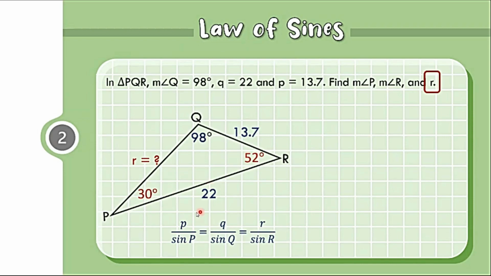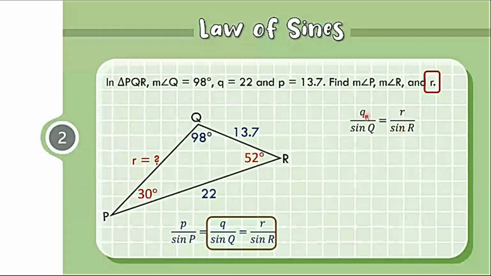Therefore, we may choose any of these ratios to be equal to r over sine R. But in my case, let me use this proportion in which q over sine Q is equal to r over sine R. This time, let us substitute the length of side Q, the measure of angle Q, and the measure of angle R. Therefore, we will have 22 over sine 98 is equal to r over sine 52.